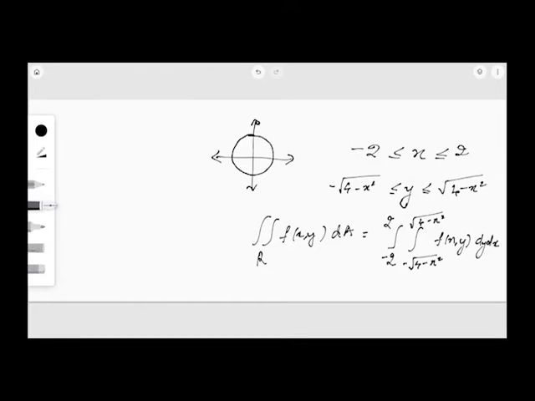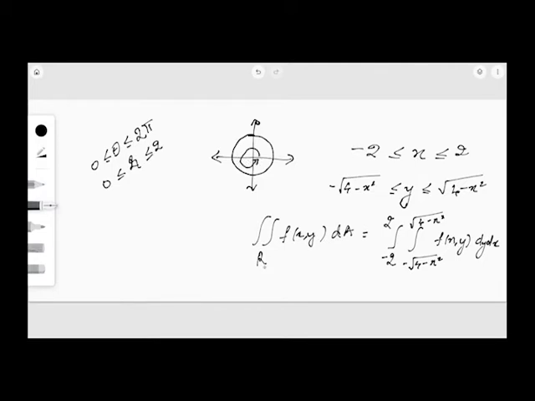So this evaluation may seem a bit difficult, but if you consider it in terms of polar coordinates, here theta varies from 0 to 2 pi, right? So 0 less than equal to theta less than equal to 2 pi. And what will be the variation of r? r varies from 0 to 2.